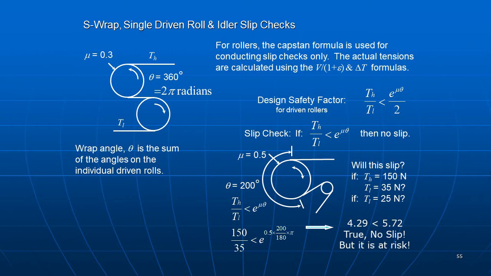Typically when we use the Capstan formula, wrap angles and coefficients of friction, we will apply a safety factor, typically 2. There is no hard rule of where you apply it, how you apply it, or what that number should be. You just want to make sure that you typically don't slip on those rollers, so give yourself a lot of leeway there.